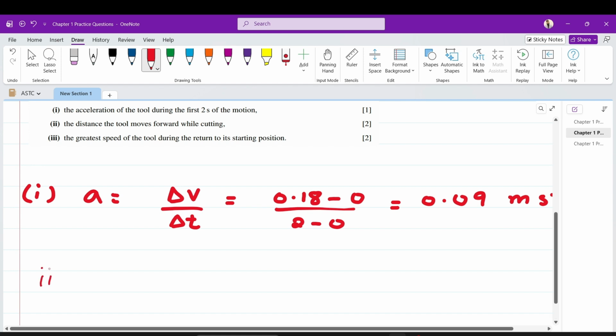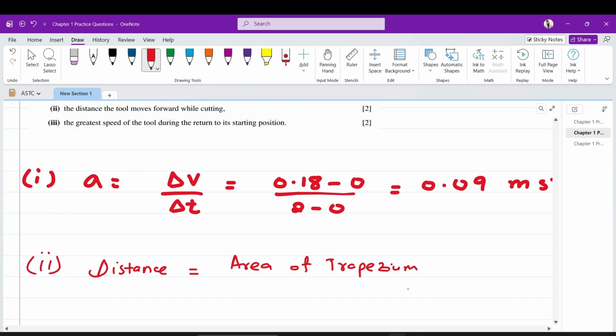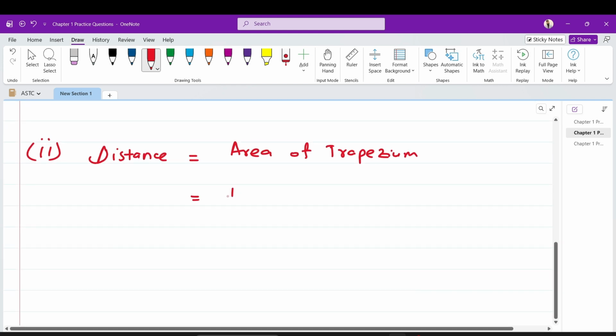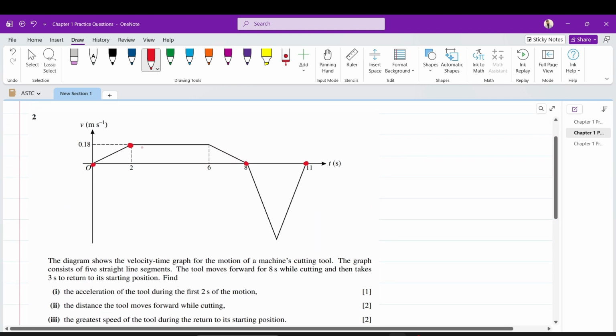So I'm going to write here distance is equal to area of trapezium, which is half into now sum of parallel sides, right? So what are the parallel sides? One of them is the difference between these two values, which is 6 minus 2, so that's 4, and the other is 8.